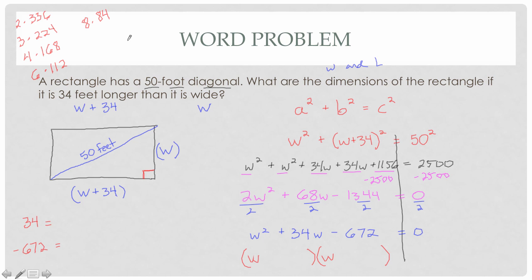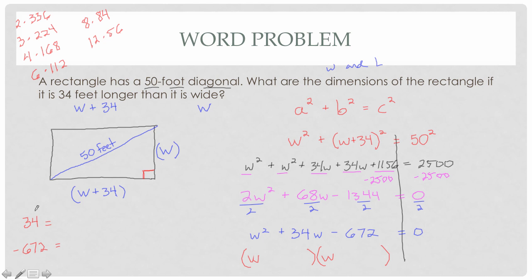672 divided by 9. Nope, that doesn't divide evenly. 672 divided by 10 won't work. Let's do 11. Nope, 672 divided by 12. I get 12 times 56. This is getting a little bit closer, but those are 44 apart. And I want them to be 34 apart. So I got to keep dividing.